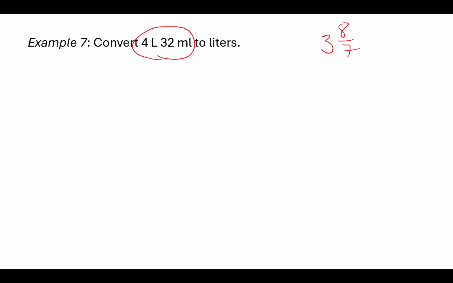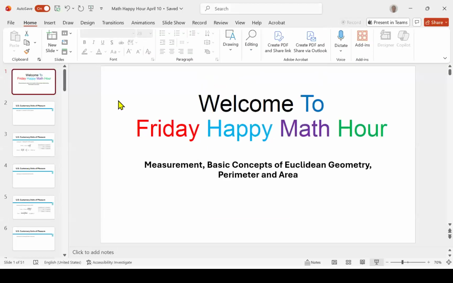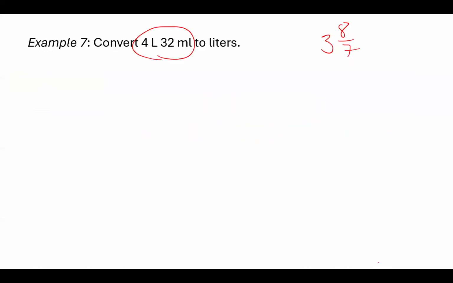Since I want my final answer to be in liters, I'm going to convert everything into liters. The 4 is already in liters. I only need to do the milliliters, the 32.